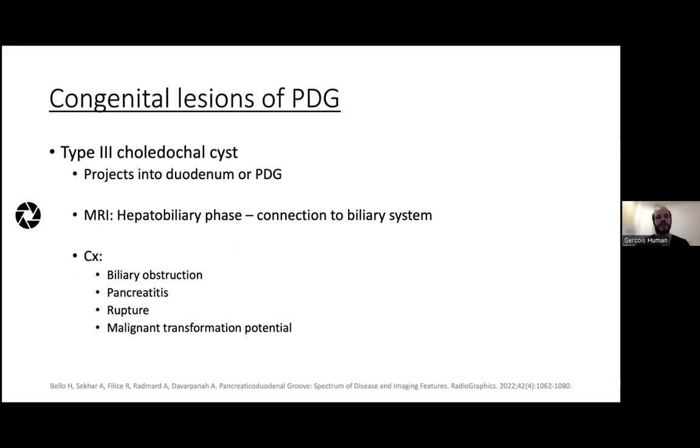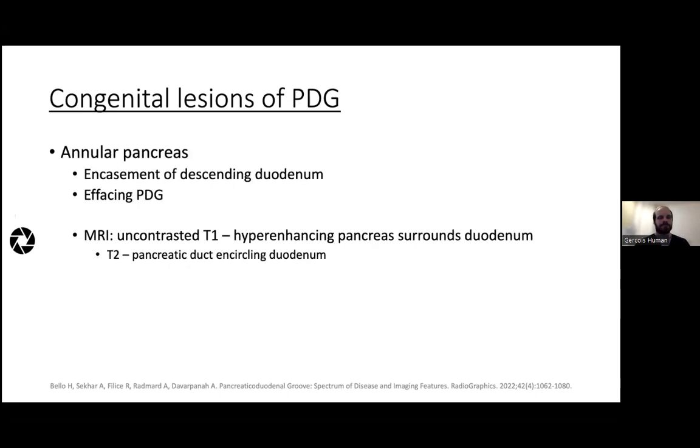One can see the connection to the biliary system, and they can also cause biliary obstruction, can lead to pancreatitis, even rupture, and they do have malignant transformation potential, which is usually why they get resected.